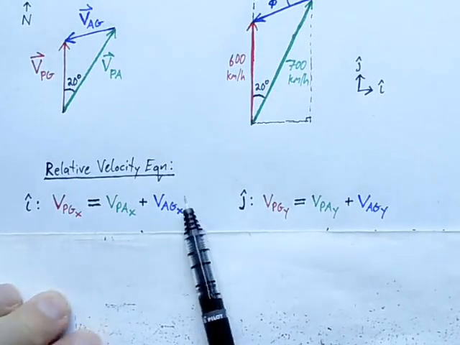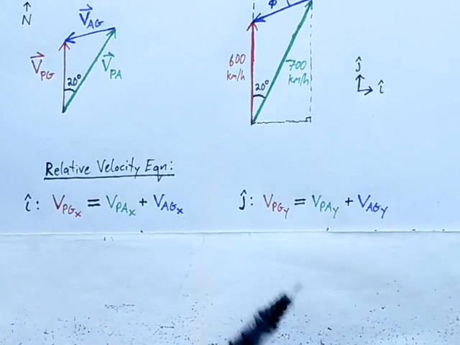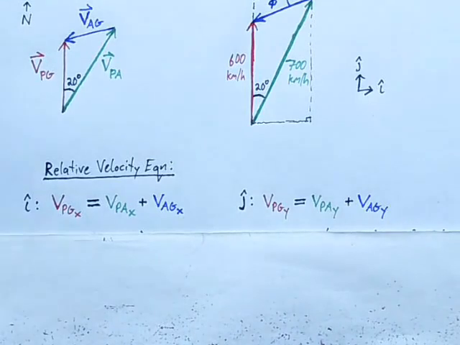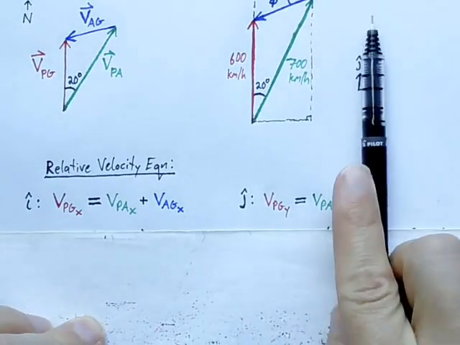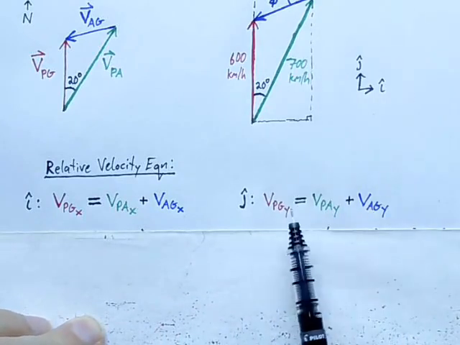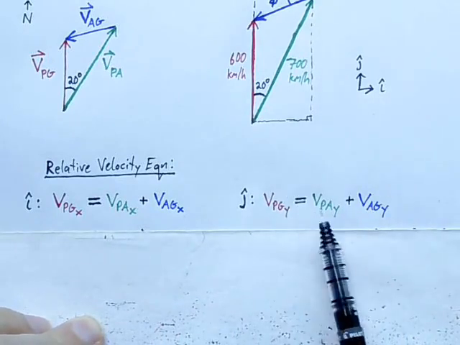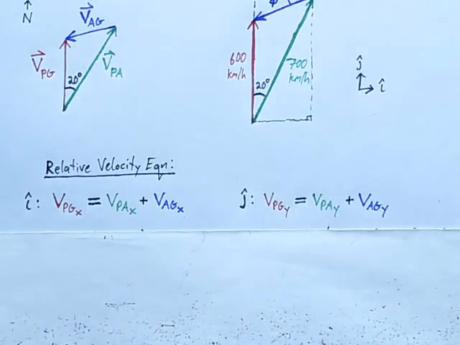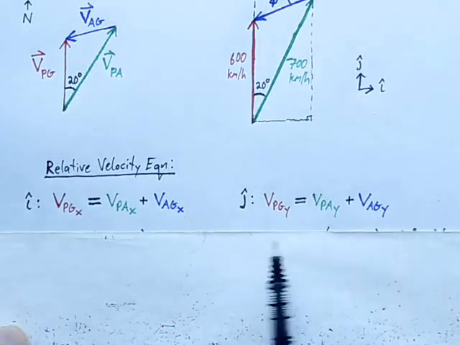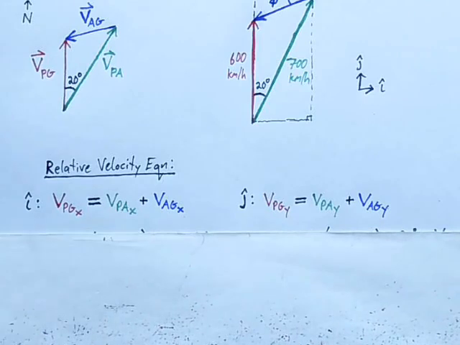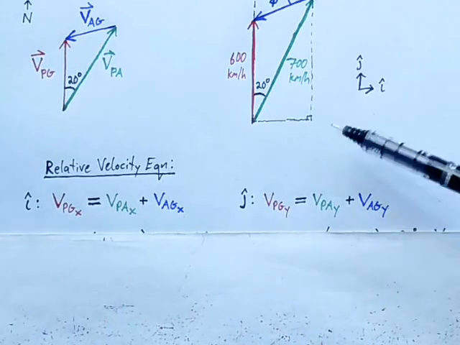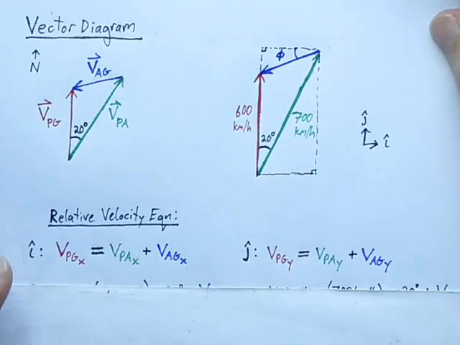So that's our x direction equation, our i hat direction. And then in our j hat direction, our y direction, we've got the velocity of the plane with respect to the ground. The y component of that equals this y component plus that y component. So we must have separate equations for the x direction and y direction. And then refer to the geometry here in your diagram.